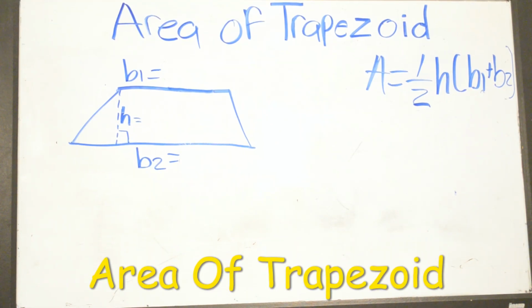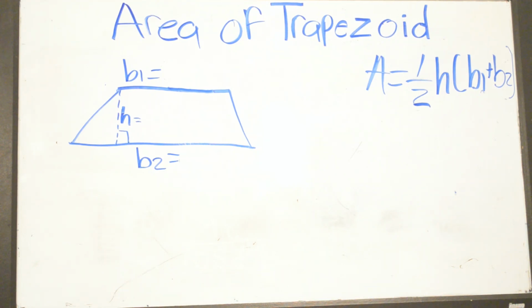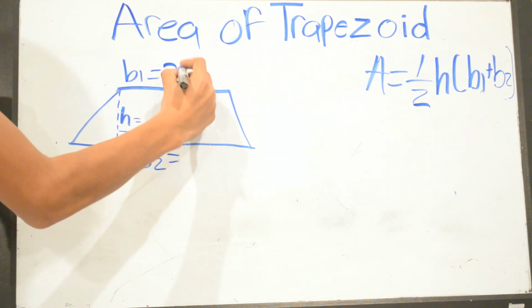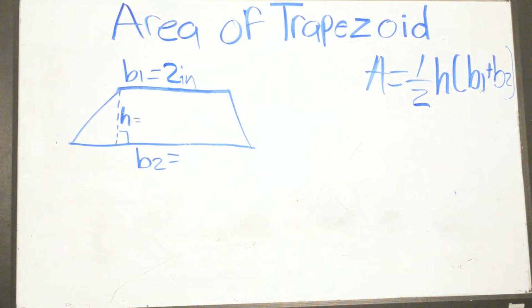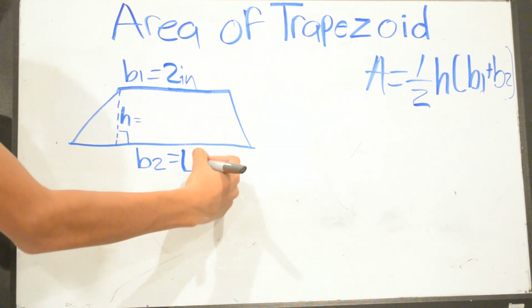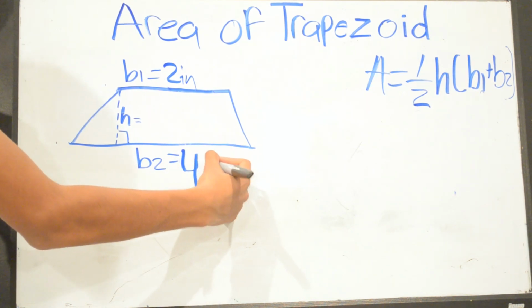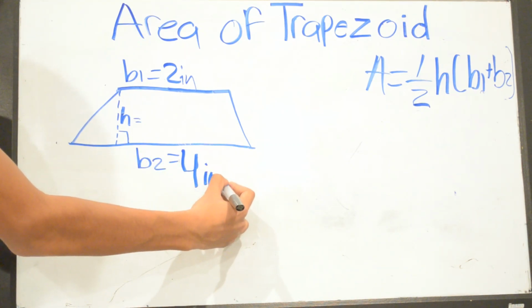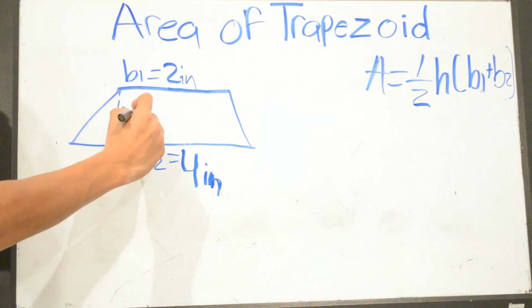So now we are going to talk about our last shape, which is the area of a trapezoid. The area of a trapezoid is 1/2 height times base 1 plus base 2. Our base 1 is 2 inches and our base 2 is 4 inches. And our height is going to be 2 inches.